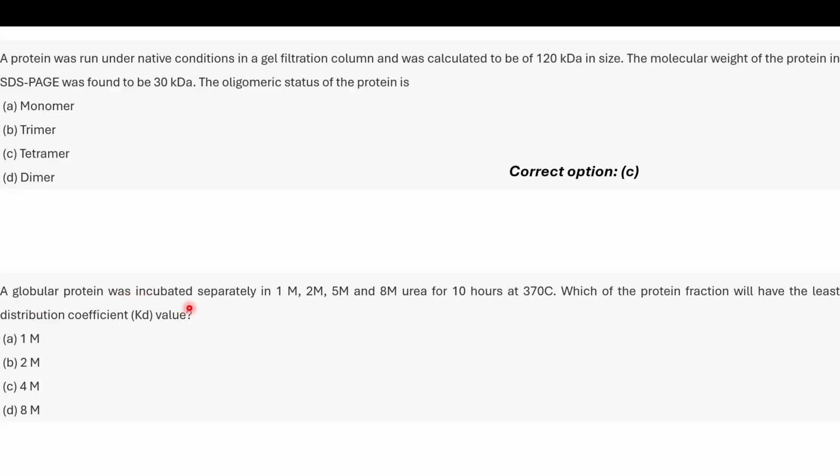A globular protein was incubated separately in 1 molar, 2 molar, 5 molar and 8 molar urea, a denaturing agent, for 10 hours at 37 degrees Celsius. Now, which of the protein fractions will have the least distribution coefficient or Kd value? As the concentration of the denaturing agent increases, the protein will unfold more, or denature more.